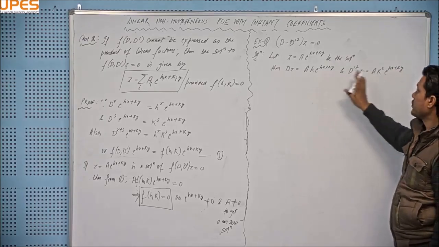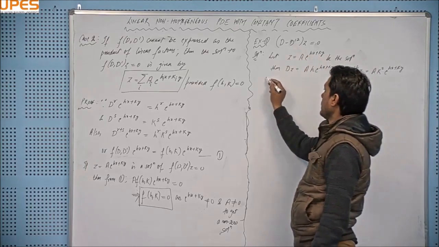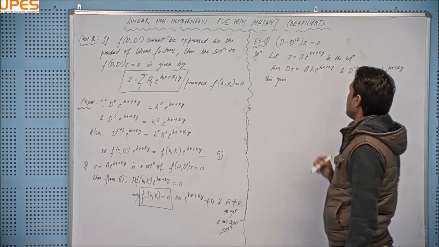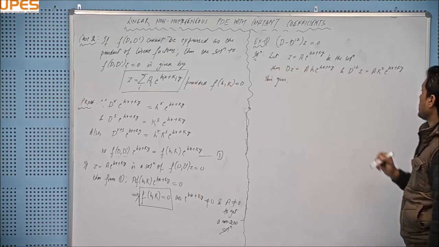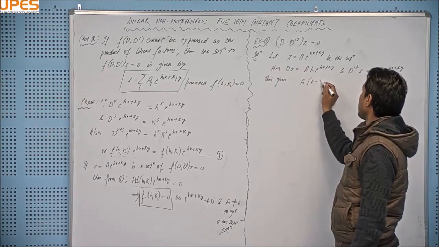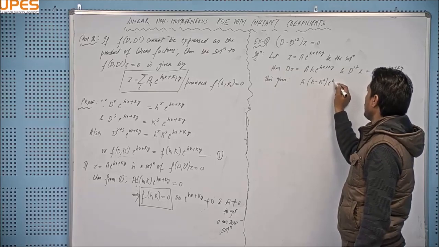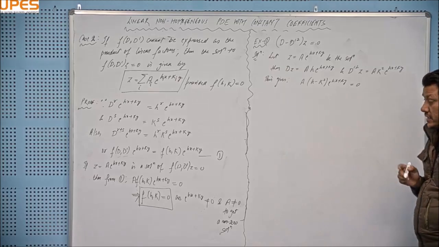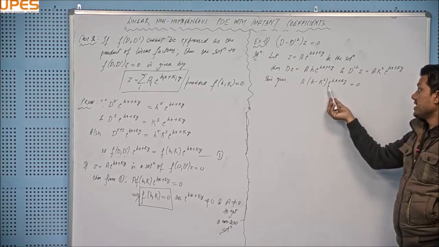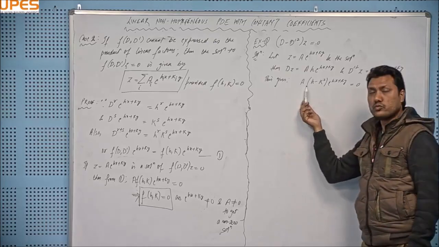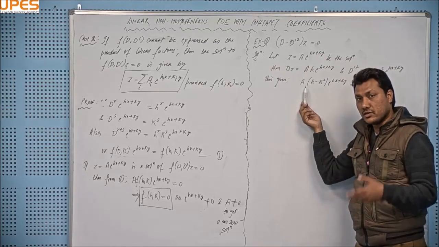Plugging in those values here, after putting them here, I will get something common, A, and inside the bracket (h minus k square) e to the power hx plus ky is equal to 0, right? And remember again that this being an exponential function, it can never be 0, and you don't want A to be 0 because you are interested in non-zero solution.